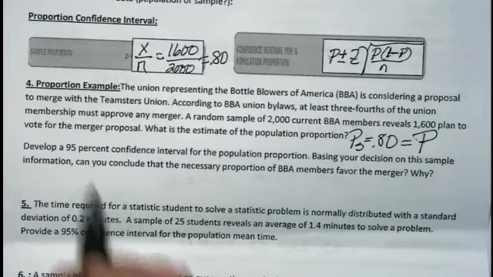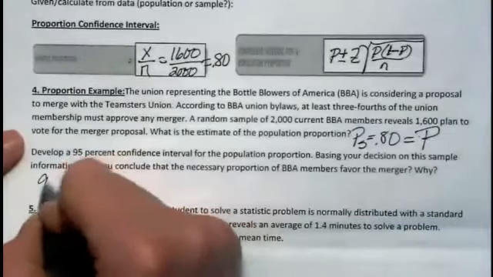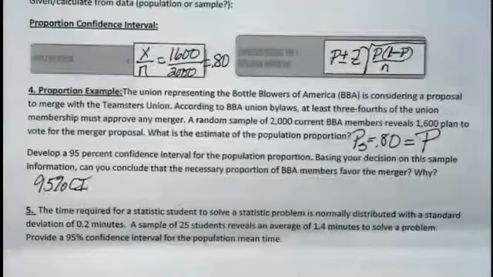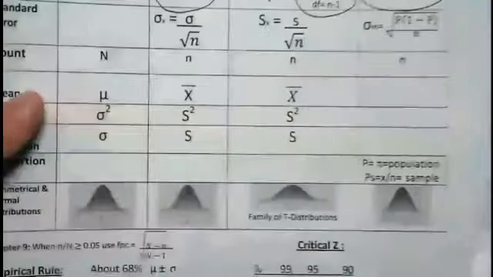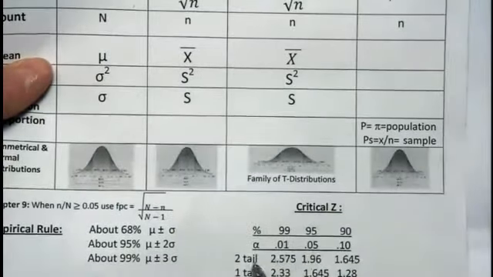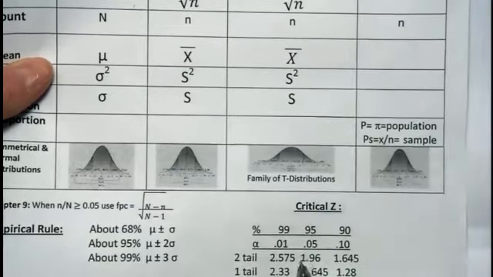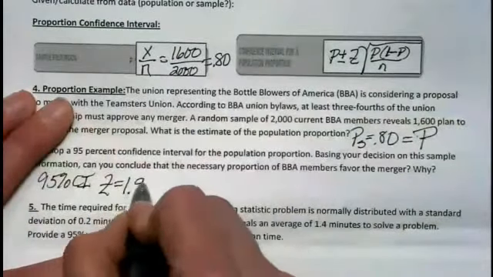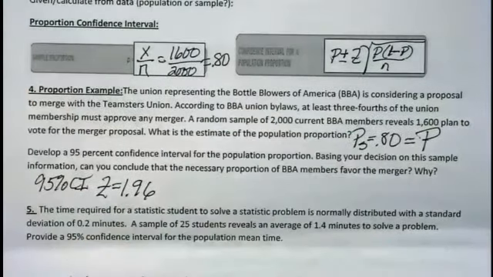The other piece of information, 95% confidence interval. Well, we always use the Z statistic for proportion. So I want to be 95% confident. Right now we're only dealing with two tails, so it's 1.96 again. So Z equals 1.96.